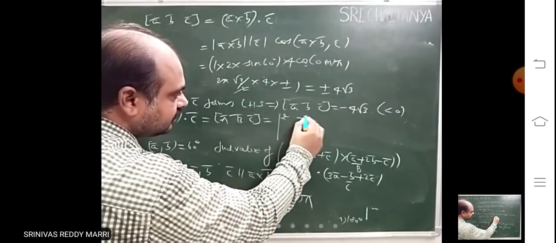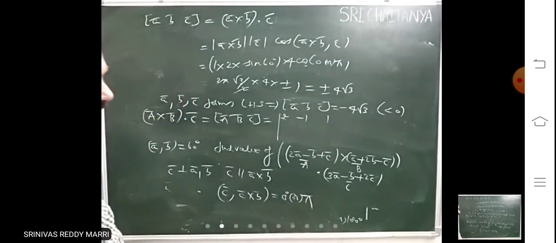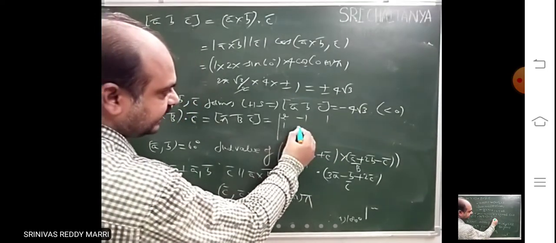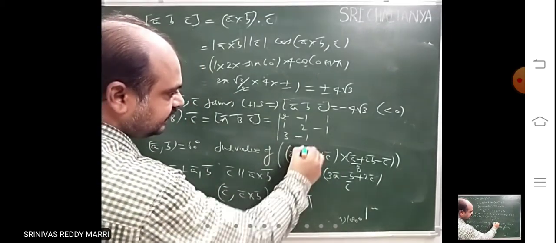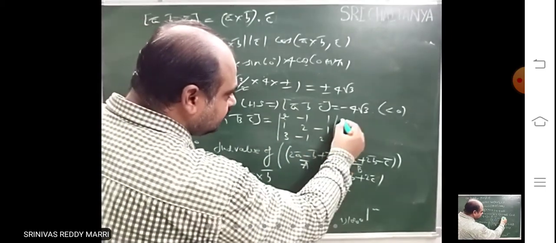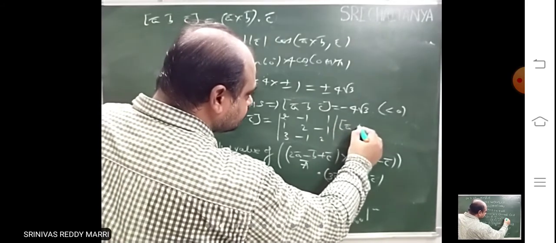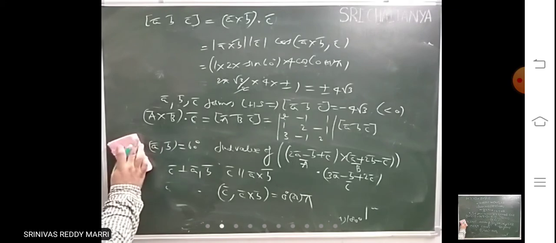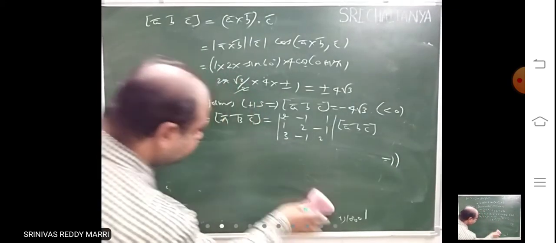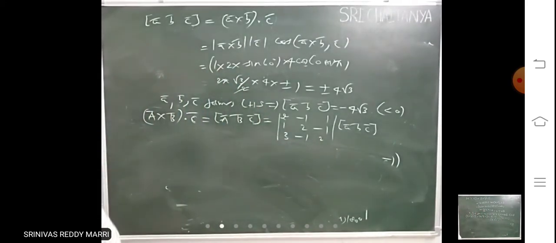First vector 2, minus 1, 1, second vector B bar 3, minus 1, 2, into box of A bar, B bar, C bar. So you can calculate this value easily.